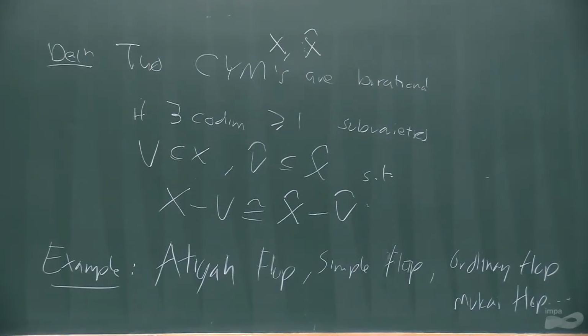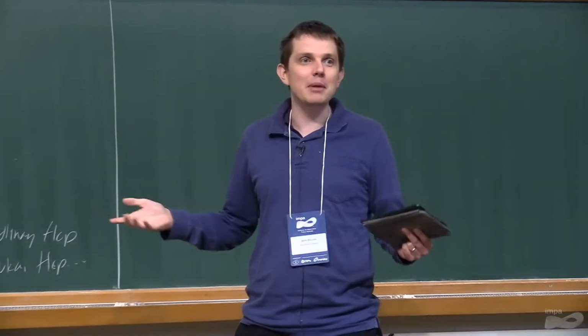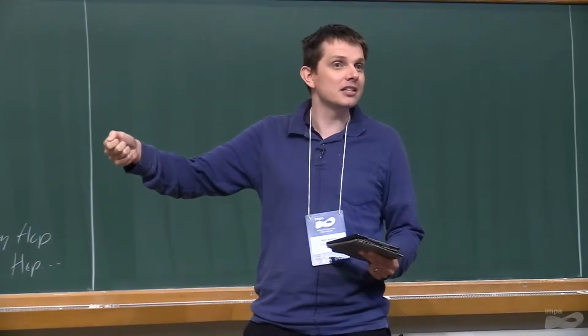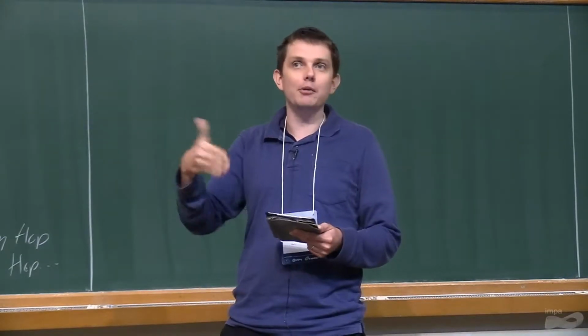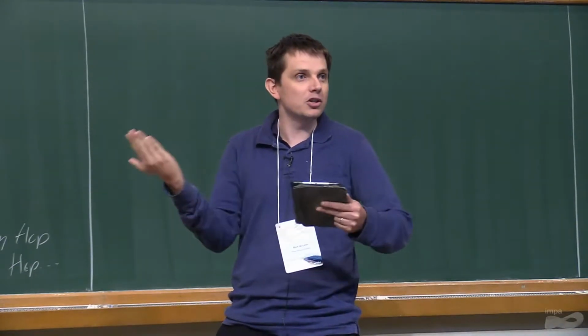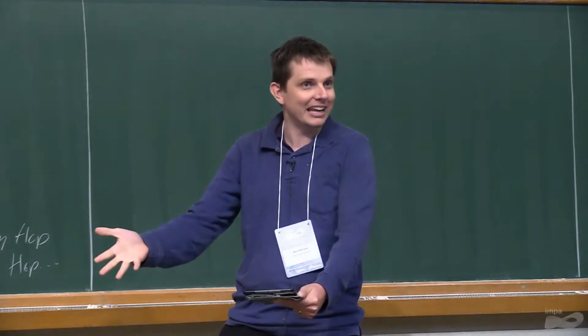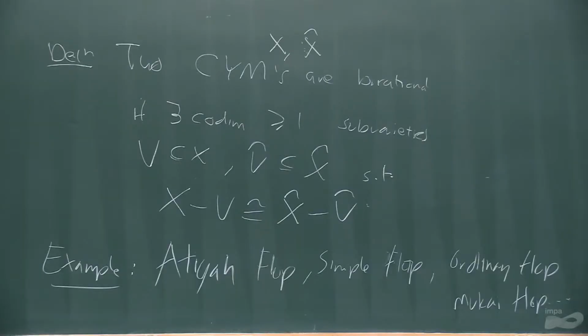So an Atiyah flop is like a sort of complex version of zero surgery. So you have a complex 3 manifold, you have some P1 inside of it, and this P1 has some normal bundle, which is a direct sum of identical bundles. And then you sort of remove a small neighborhood, swap the 2 bundles, and glue back in, which is exactly like rotating this torus. So that's sort of a very topological description of what an Atiyah flop might look like.